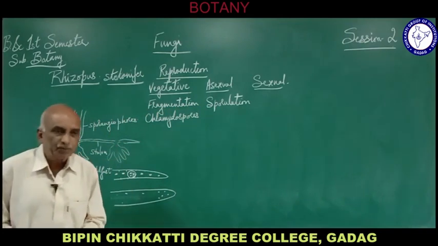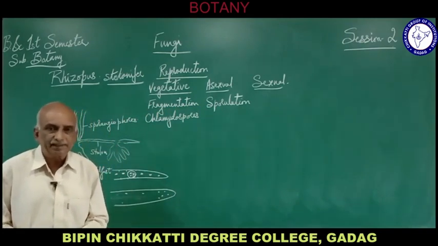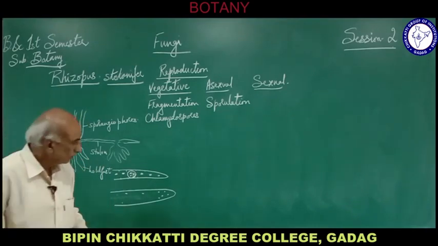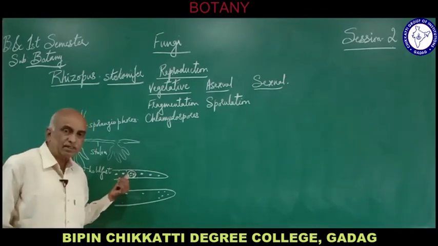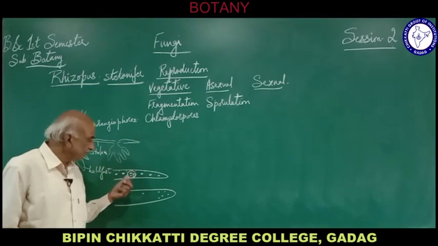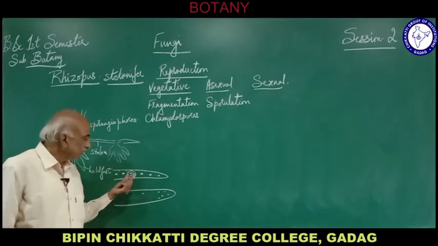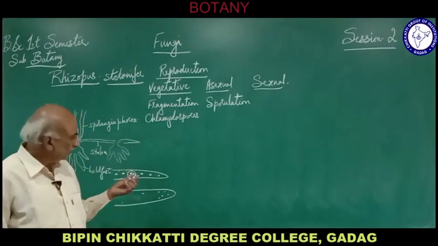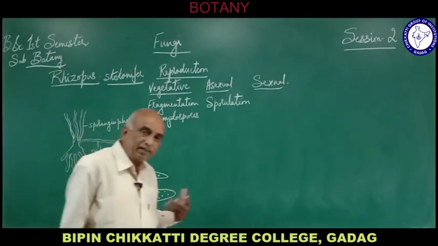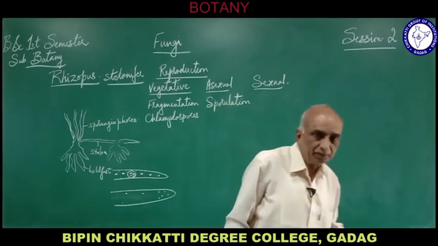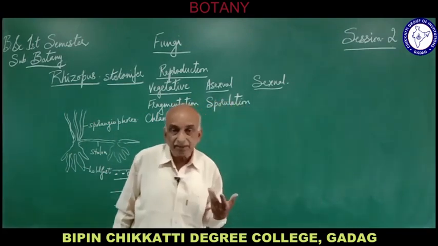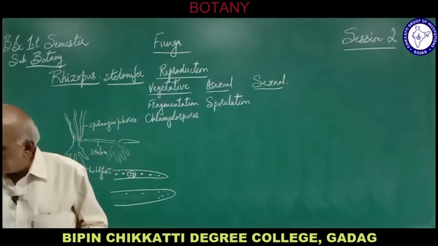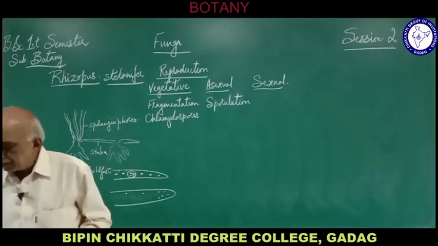The chlamydospores are very thick-walled. They are resistant to desiccation. They can withstand the desiccation, and these spores can survive. By the formation of the chlamydospore, the remaining hyphae will get destroyed due to unfavorable conditions. When the hyphae get destroyed, the chlamydospores remain and they can overcome the unfavorable conditions.